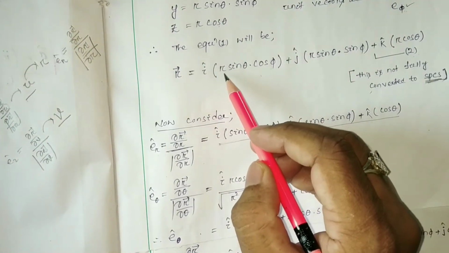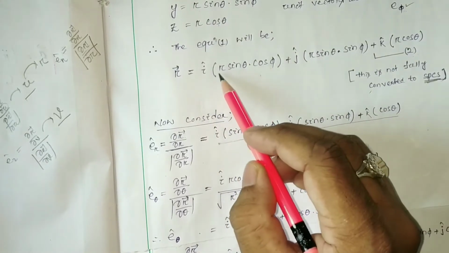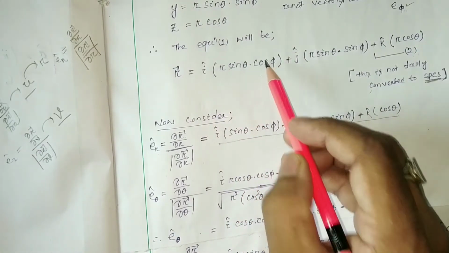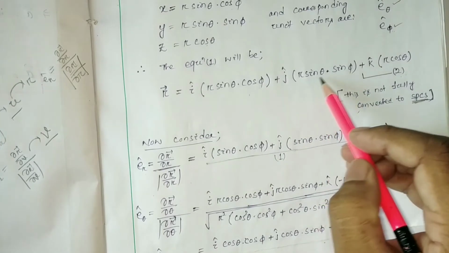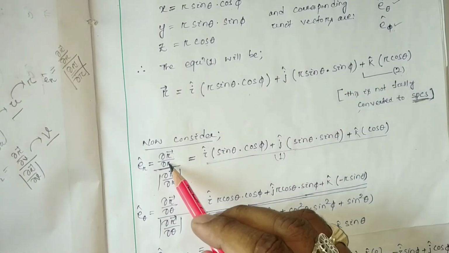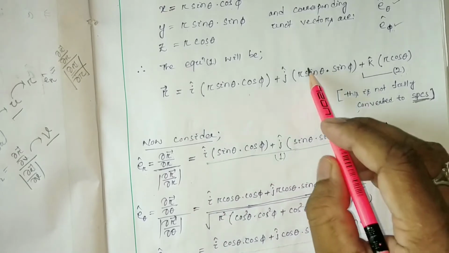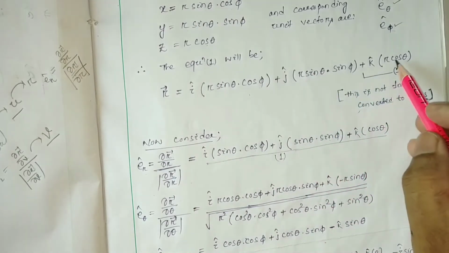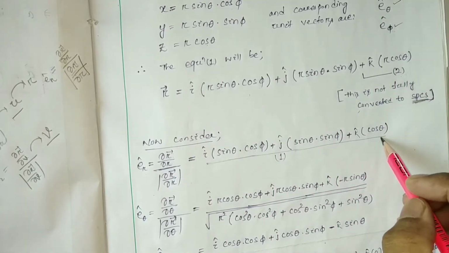So differentiation with r gives only sin theta cos phi. Next, the second term will be sin theta sin phi. The third term will be only cos theta.